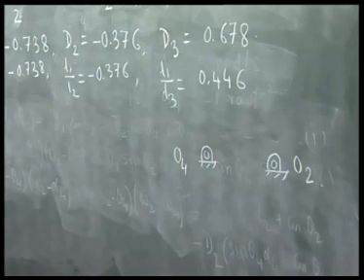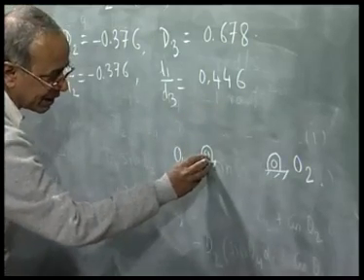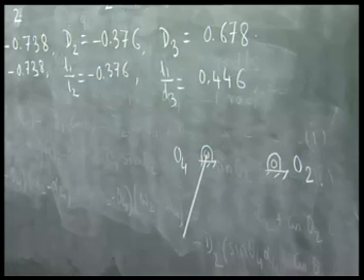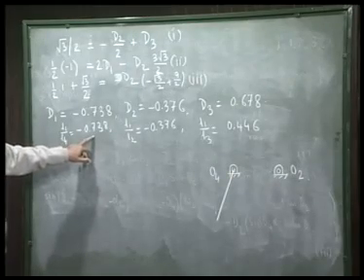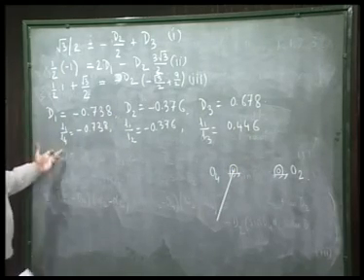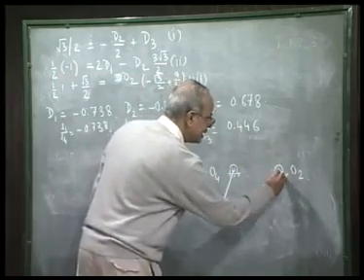Theta 4 was 60 degree, but L4 has turned out to be negative. So, I have to draw it at 240 degree. This is L4, which is negative. L2 is longer than L4, but L2 is also negative, and theta 2 was 90 degree, that was this way.